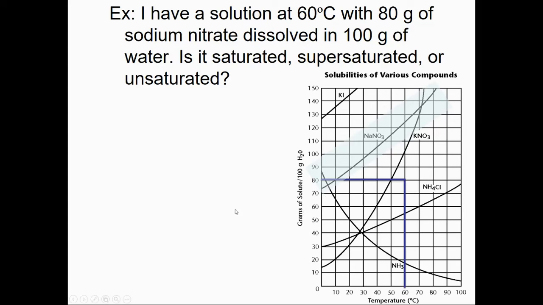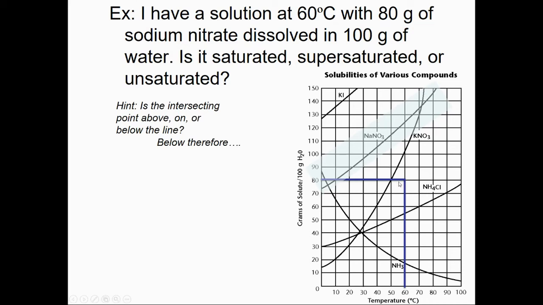If you're on the line, you are a saturated solution. If you're above the line, you are either supersaturated or you formed a precipitate. If you are below the line, you are unsaturated. Well, this point right here is below the line, therefore it is unsaturated. Okay?